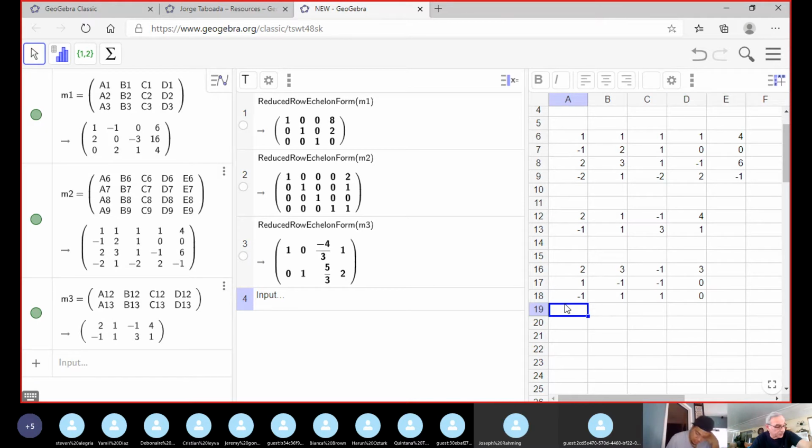And finally, the last equation, 1, 1, 3, 5.